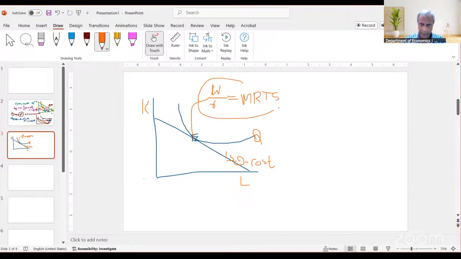This is the condition. The optimization at that point decides the number of labor and number of capital. In that way, we can derive the labor demand function, the capital demand function, or input demand function.